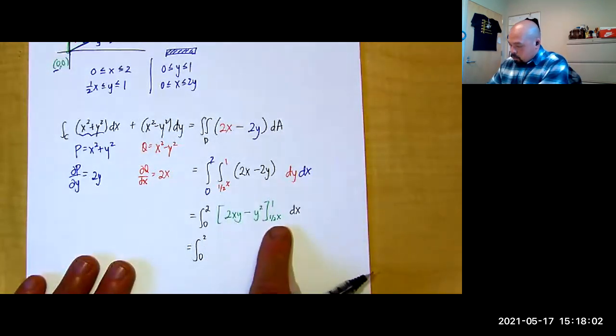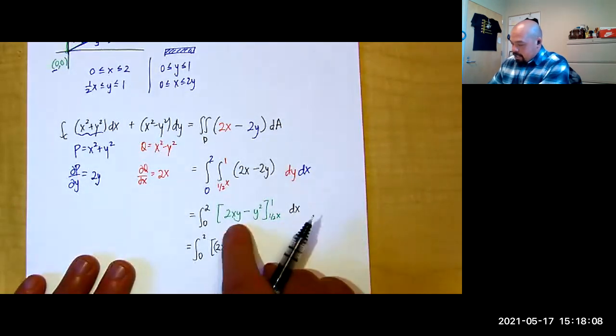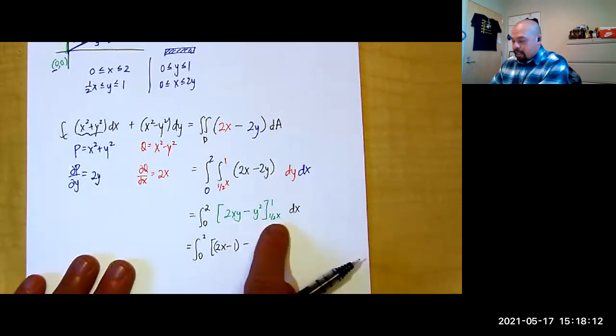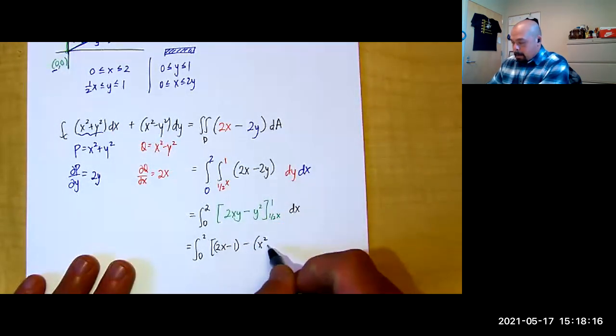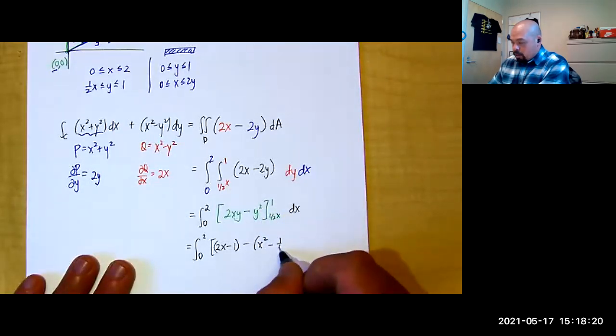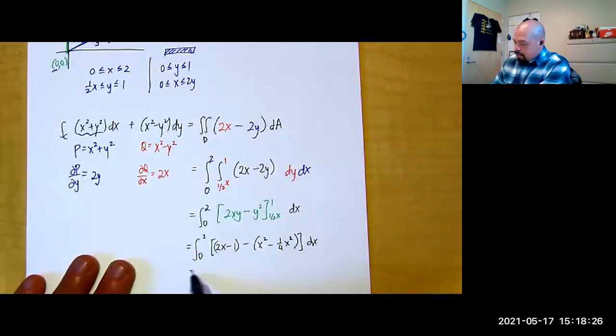Integral from 0 to 2, plugging in y is 1, 2x minus 1, plugging in that 1/2 x, 2x times 1/2 x, 2 times a half is 1, x times x is x squared, minus 1/2 x squared, sounds like a fourth x squared dx.